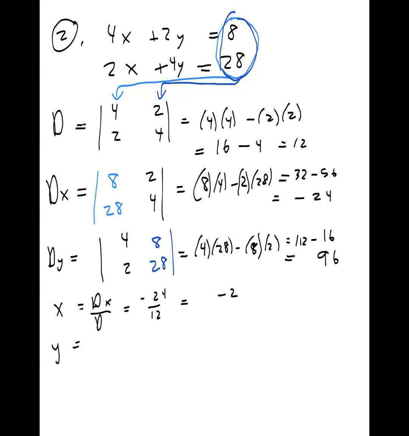And y equals the determinant of y divided by the determinant, which equals 96 divided by 12, which equals 8. So the answer together as an ordered pair, which represents the point where the lines cross each other, is parentheses negative 2 comma 8. So that's the solution, and it's sensational.